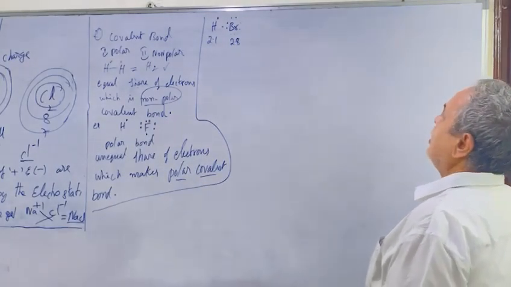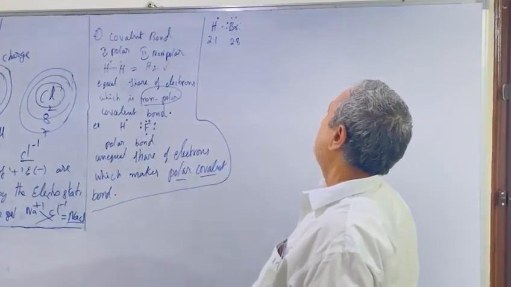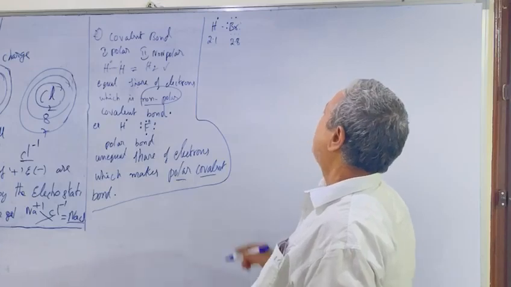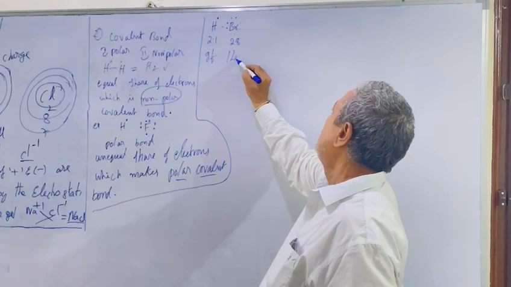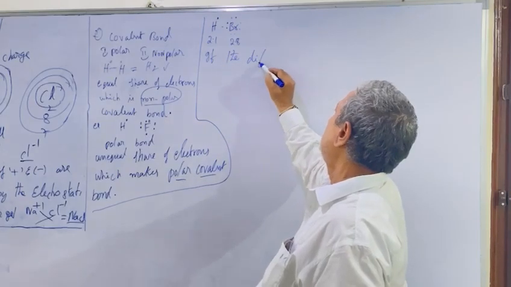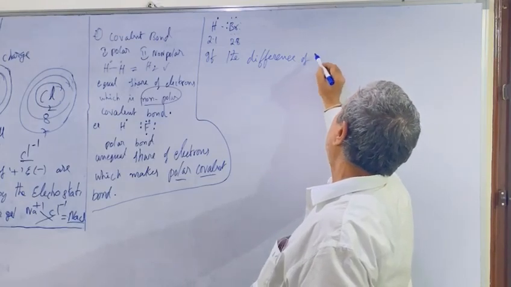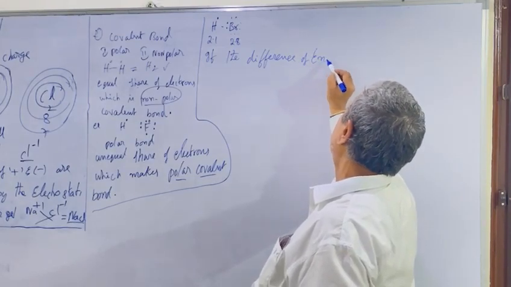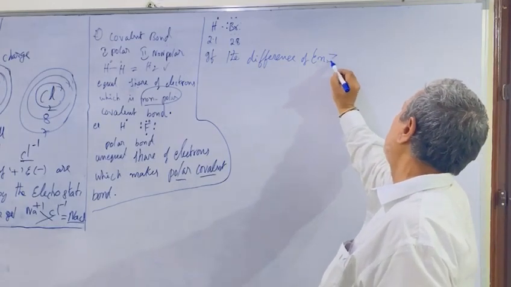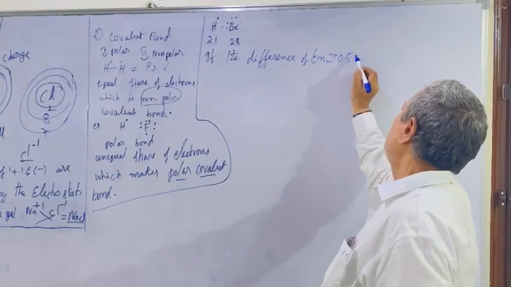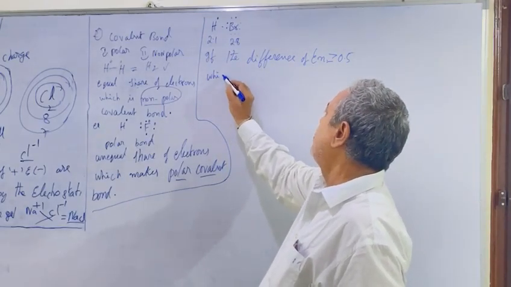There is a formula for finding whether the bond is polar or non-polar. If the difference of electronegativity, EN, is greater than or equal to 0.5, it makes a polar bond.